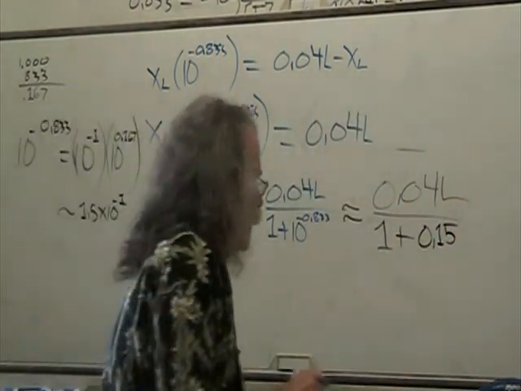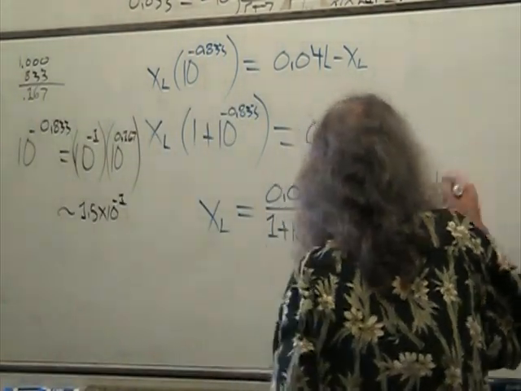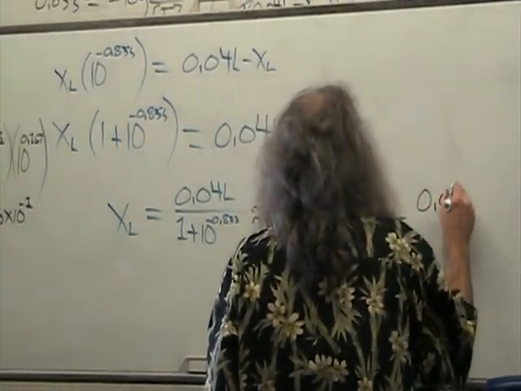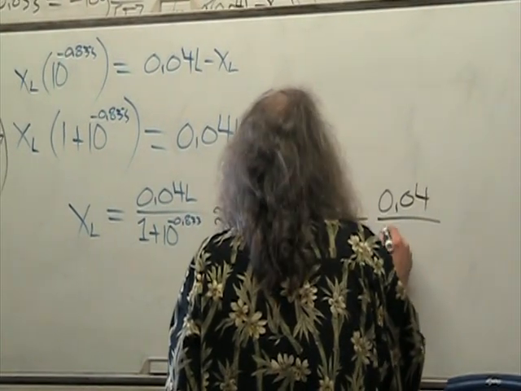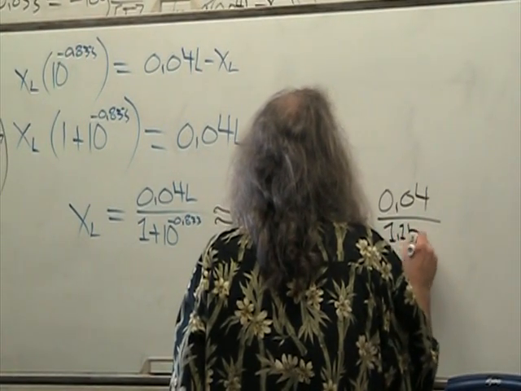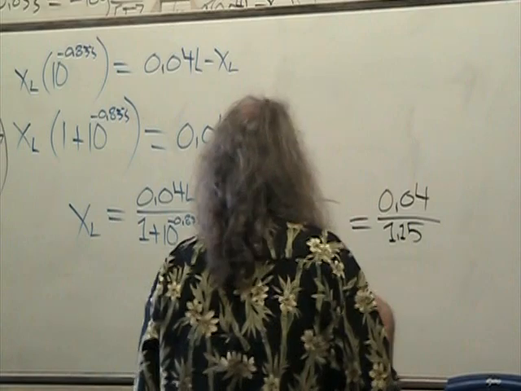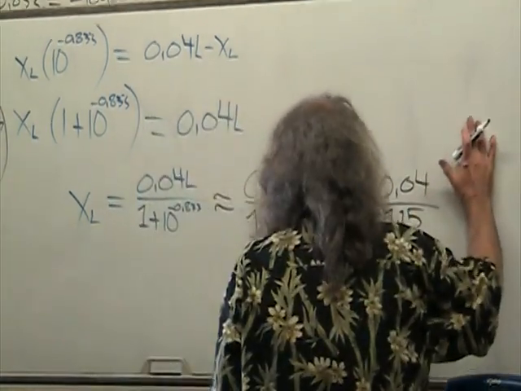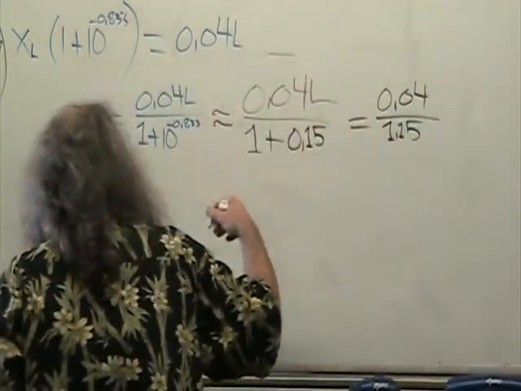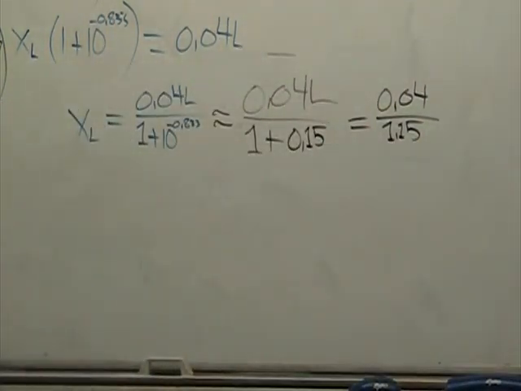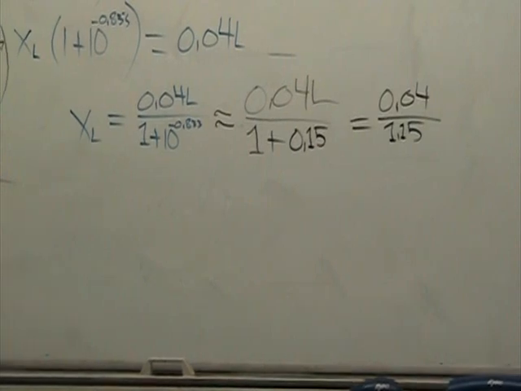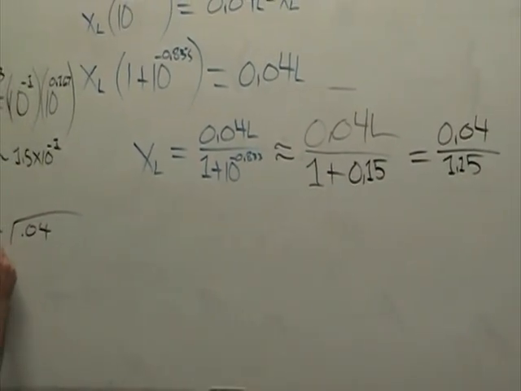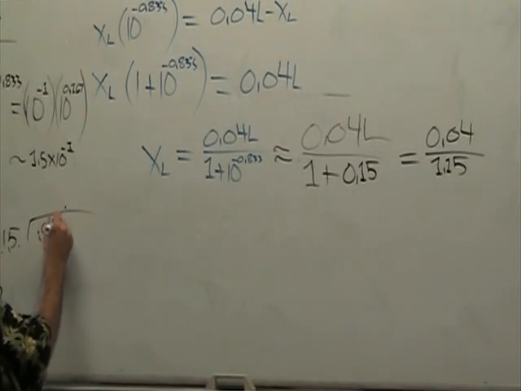Okay, and so that's going to be 1.15, so I divide 0.04 by 1.15. Now I just got to do that. Tedious mathematics, but this is all scratch paper stuff. 0.04 divided by 1.15. Move this over 2, this over 2.